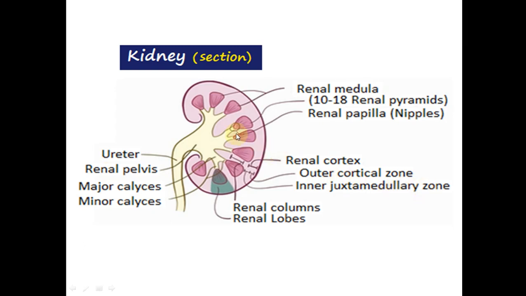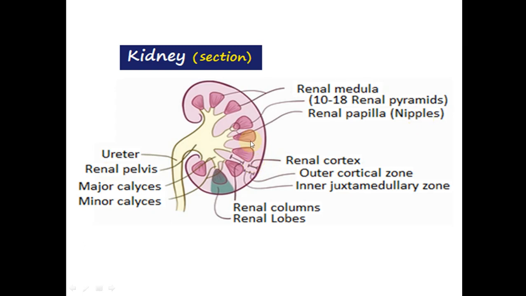The renal medulla consists of 10 to 18 cone-shaped renal pyramids, and towards the pelvis of the kidney, the pyramids at their apex contain the renal papilla or nipples.